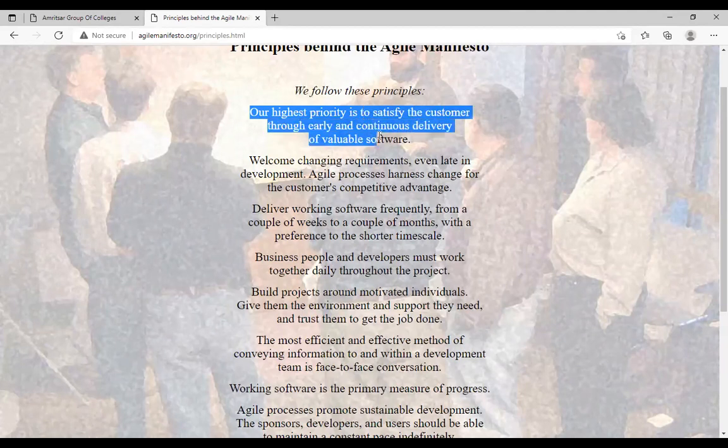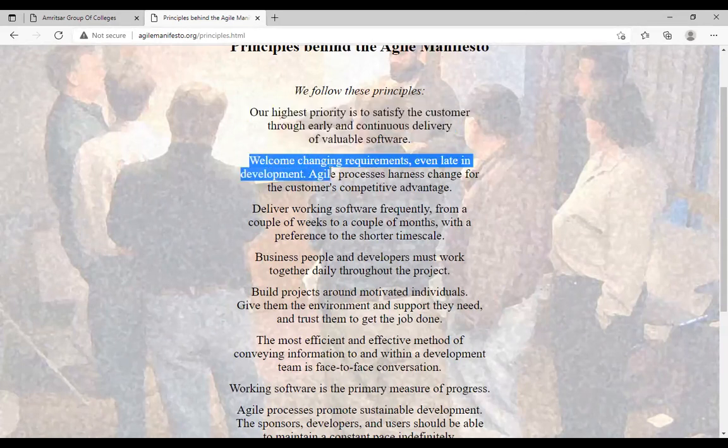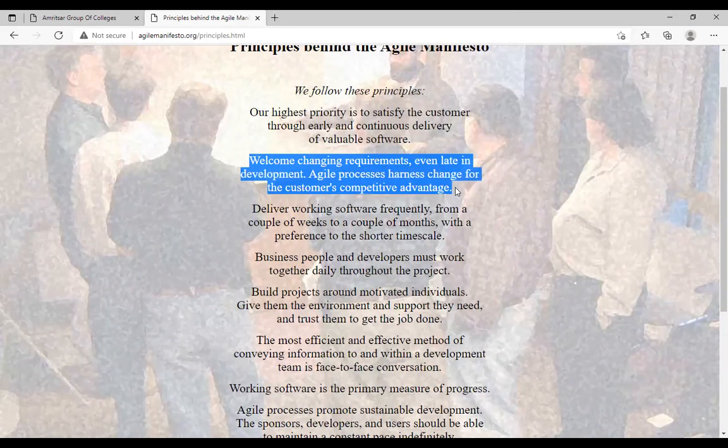They want early delivery of the product. They can't do it like the customer should wait for 10 months, 1 year, or 2 years for the final product. They follow quick service. Then, welcome changing requirements even late in development. Agile processes harness change for the customer's competitive advantage.